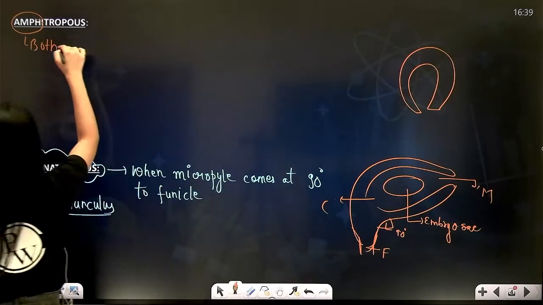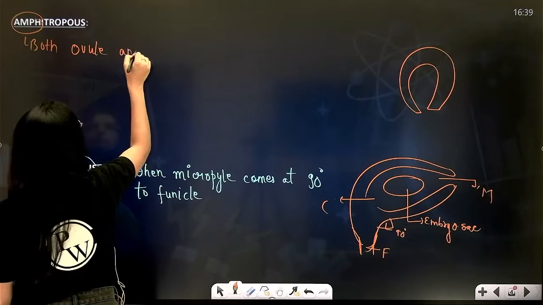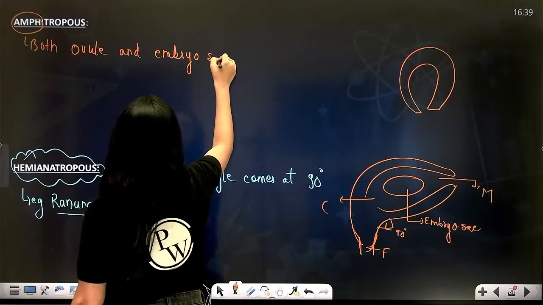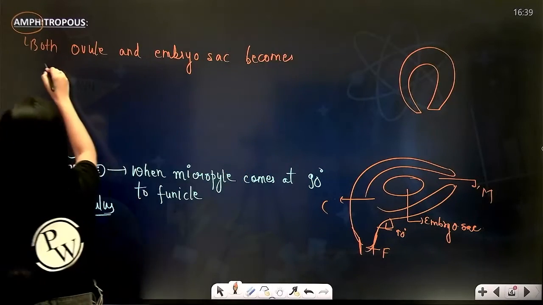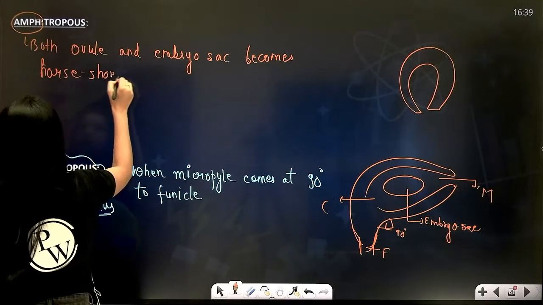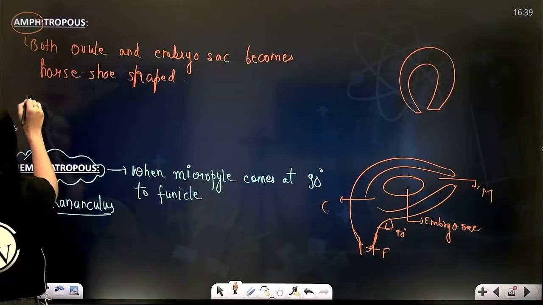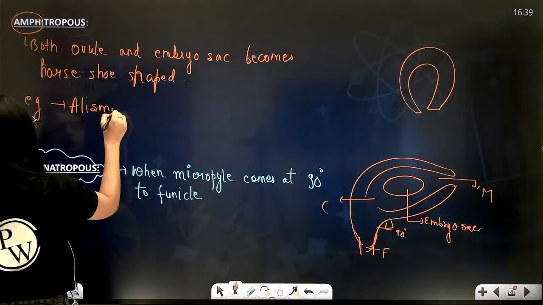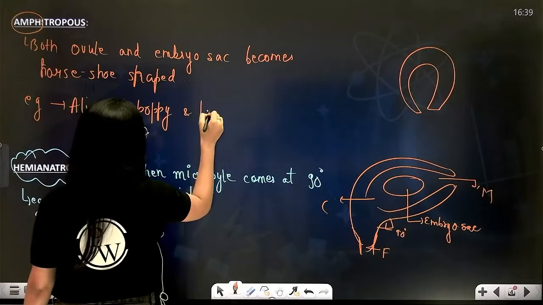So, examples. First, let me write: both ovule and embryo sac become horseshoe shape. I'll show you with the help of a diagram, but first write the examples like Alisma, poppy and Lemna.